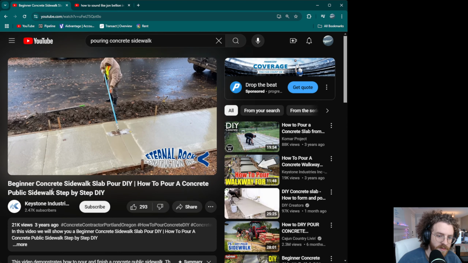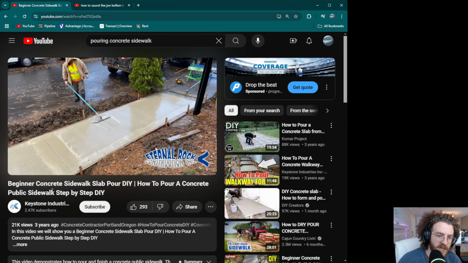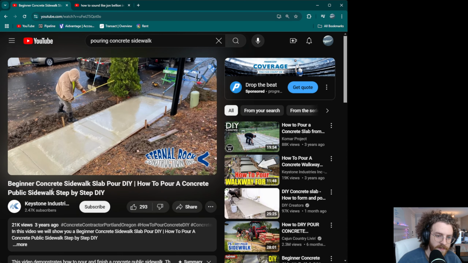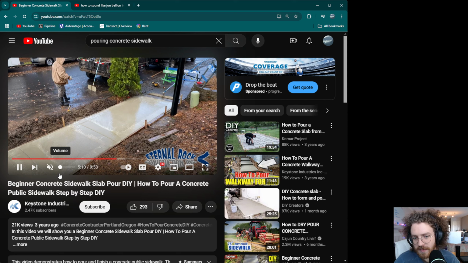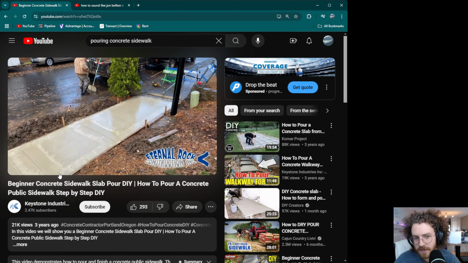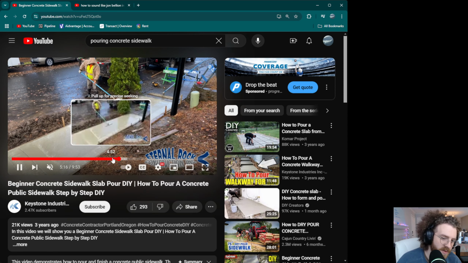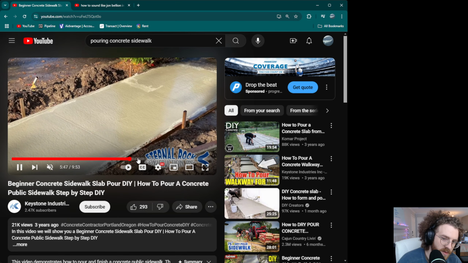Man, look at those expansion joints right there. Expansion joints, sorry, not control joints. Man, that looks good. I'm ready to see the finished product.